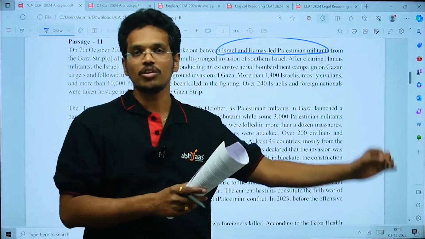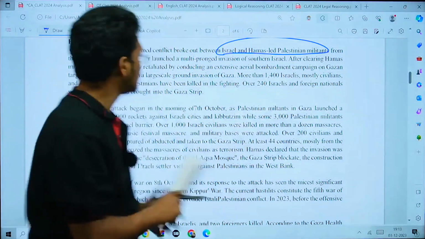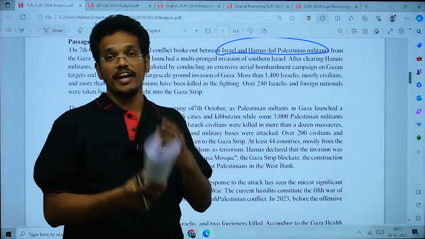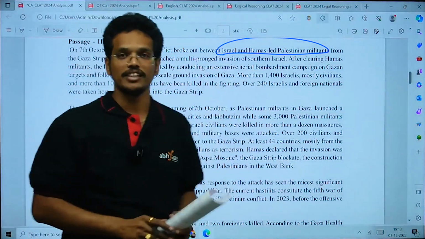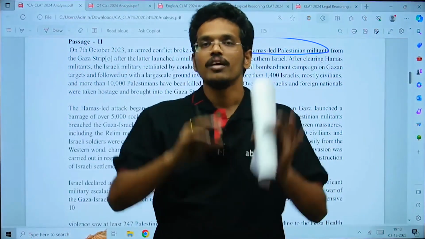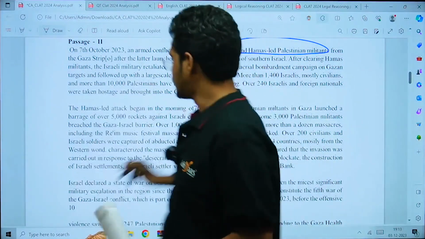Not even a single question is out of our mock test. So all these questions are from our mock test. Let's see whether we can find answers for this in this particular passage or not. Even if you don't know the issue, you can attempt most of the answers by simply looking into the passage. Let's discuss.